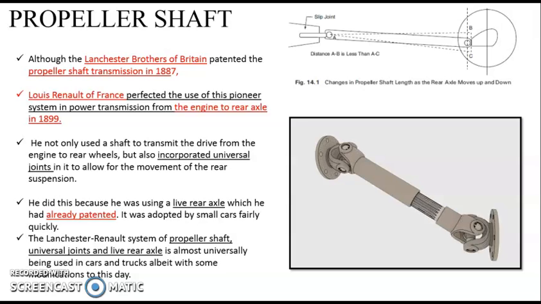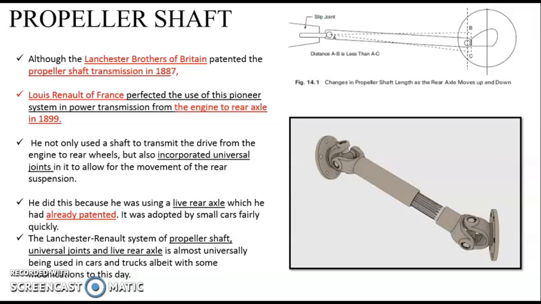It means he took patents on these three things: rear axle, propeller shaft, and universal joints. So the Lanchester-Renault system of propeller shaft, universal joint, and rear axle is almost universally used in cars and trucks, with some modifications, to this date also.